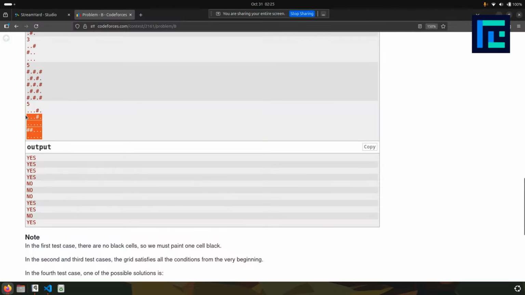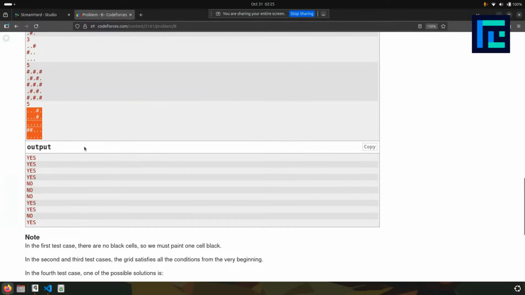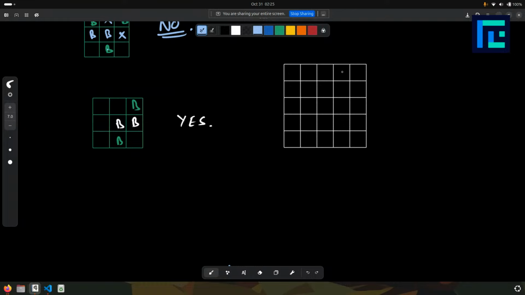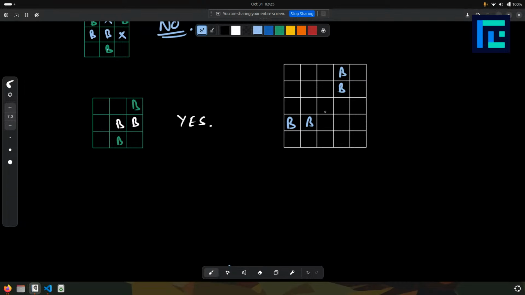Then the last test case, let me just draw it here. Black, black, black, black, black, black, and then black, black. So to connect these, we can do this. We can do this to connect these two.